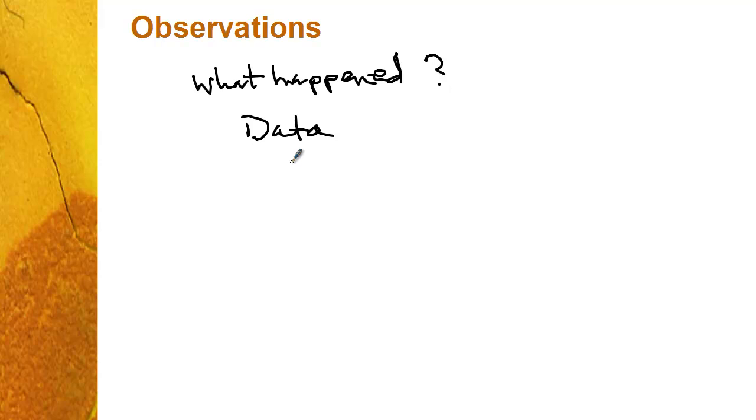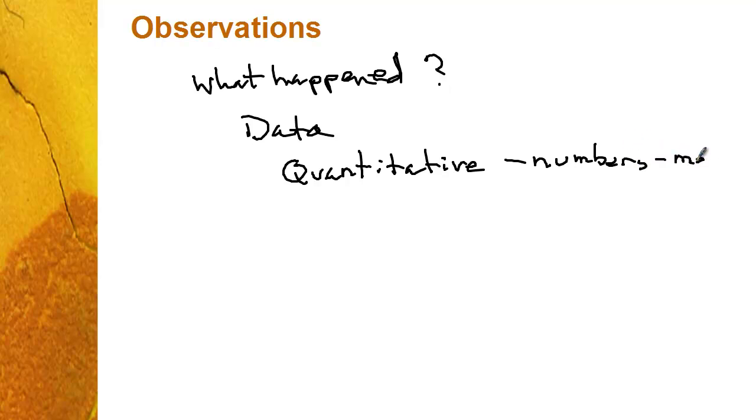I don't want to say most important, but the critical one that we will be using is quantitative data. Root word there is quantity. All right, so these are numbers, which require measurement. The other type is qualitative, and that's important too, but it's a little bit more difficult to look at later.